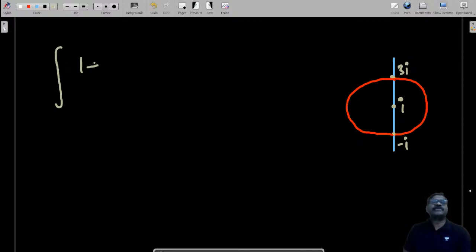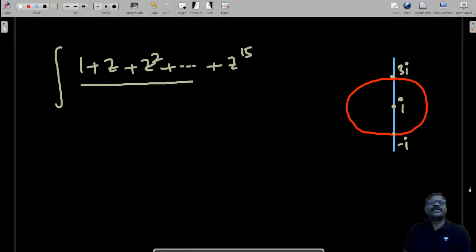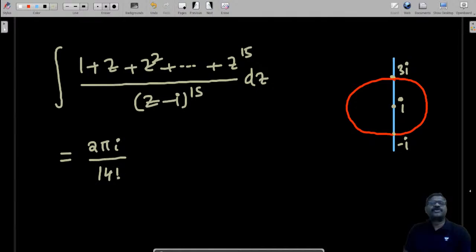Now the integral of f(z), which is 1 plus z square and so on up to z power 15, by (z minus i) whole power 15, dz. By Cauchy's integral formula, this is 2 pi i by 14 factorial into the 14th derivative of f at i.